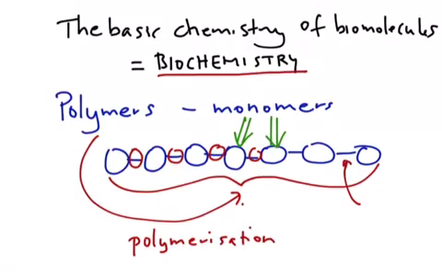Likewise, you can break large molecules apart by breaking the bonds between the smaller monomers, and this will make the large molecule smaller. And of course, this basic chemical model works for the carbohydrates, lipids, proteins and nucleic acids, and we'll explore each of those as we move through each of those different groups.